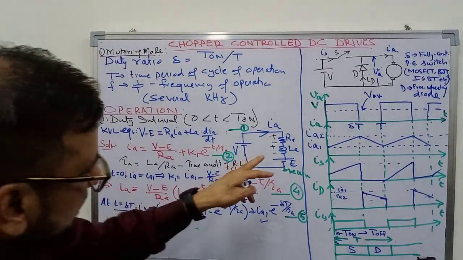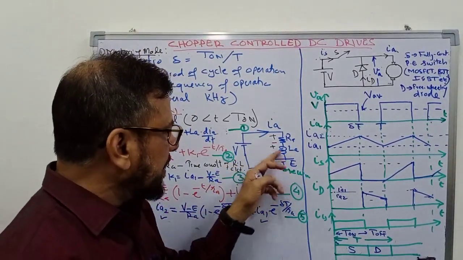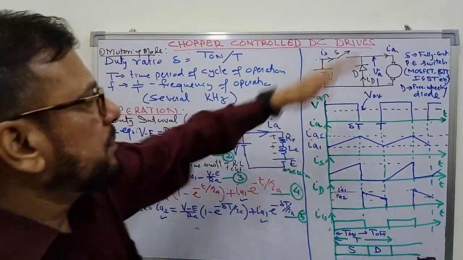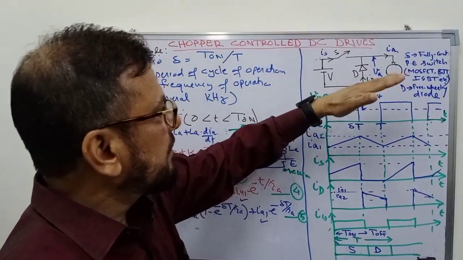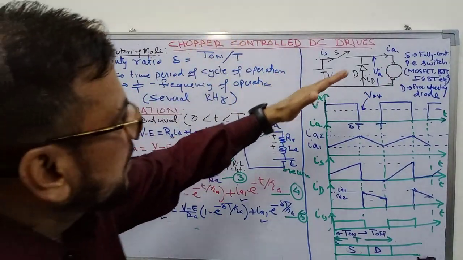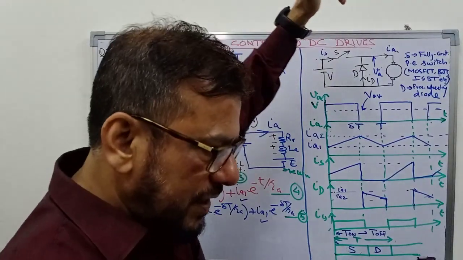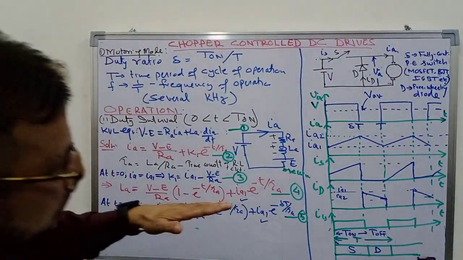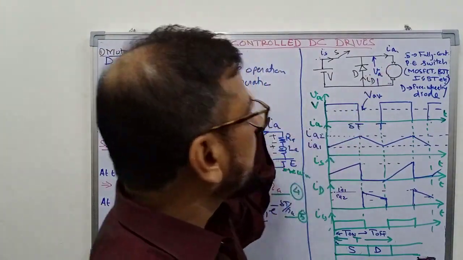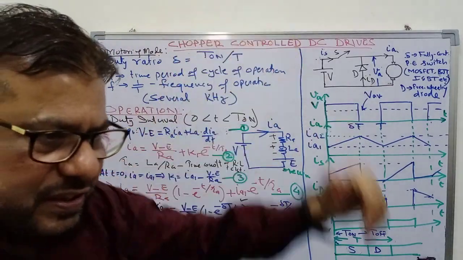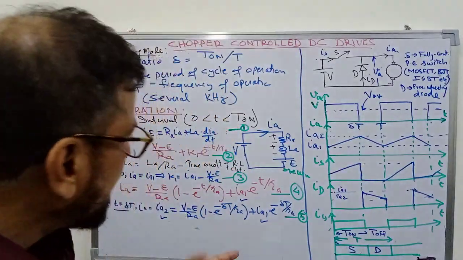Now this energy is available here in the inductance, and when we open the switch, what will happen? Current will start decreasing. Earlier the current was rising, but when we don't connect the voltage here, current will obviously go down. So what will happen actually?